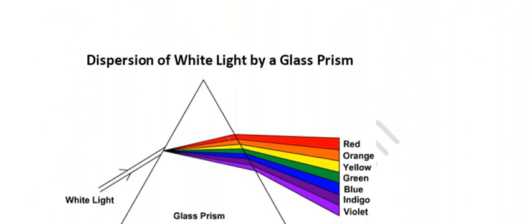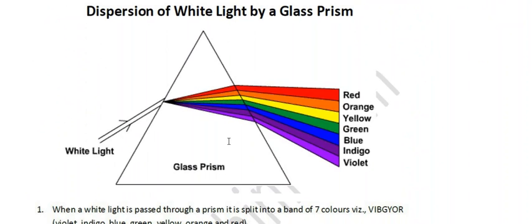Now let us move to the next concept, dispersion of white light. You know very well that when white light is dispersed, it becomes VIBGYOR. So we need to prove that. Let us take a glass prism. You know very well about the glass prism, it is triangular, is it not? So when white light comes like this, it is refracted and dispersed into violet, indigo, blue, green, yellow, orange, red.